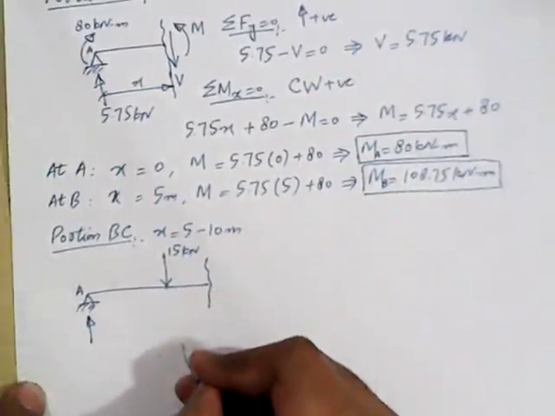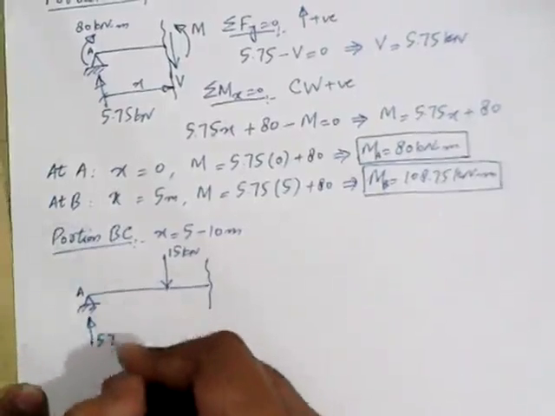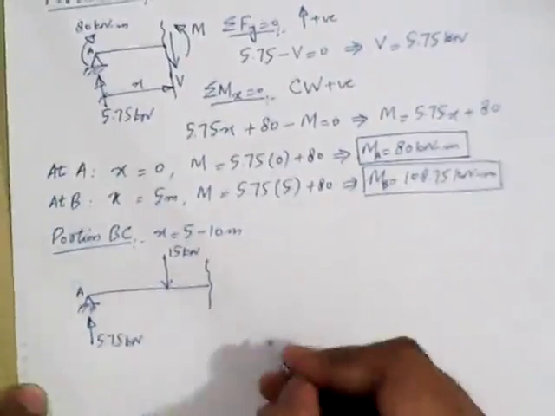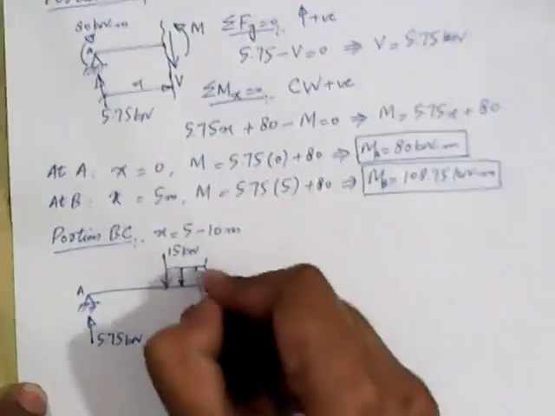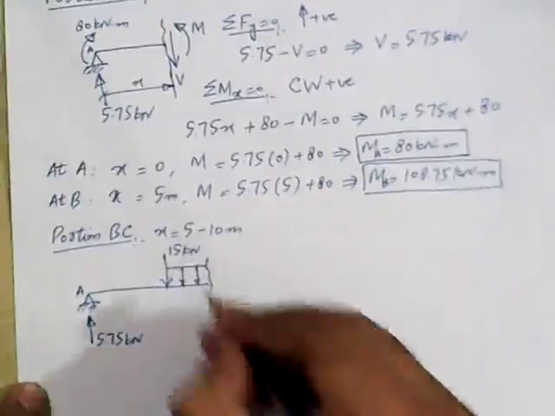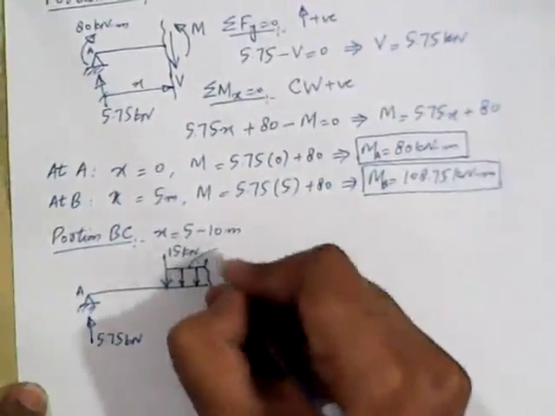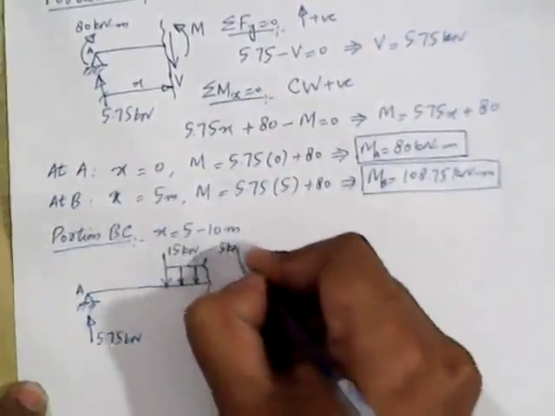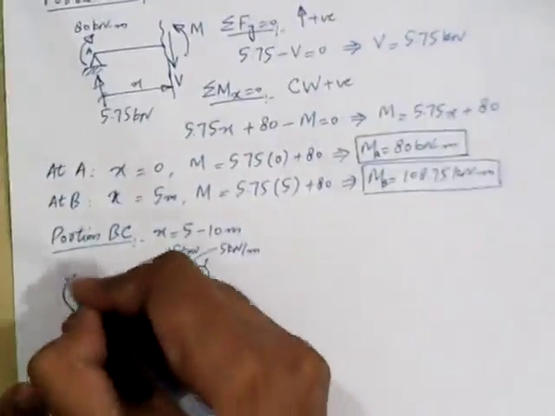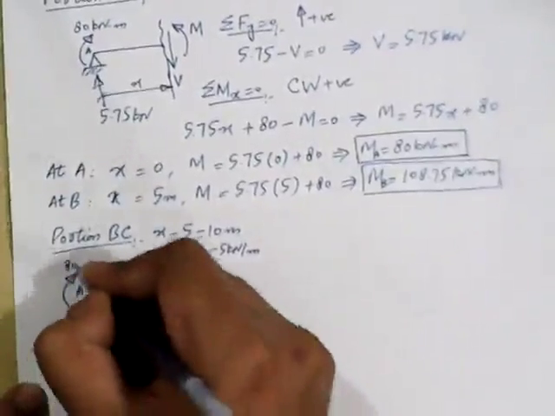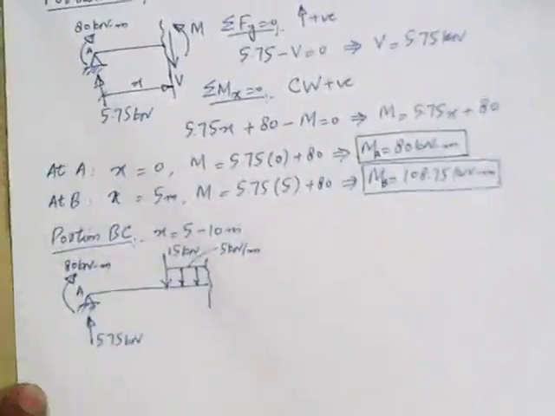How much is that? It is 5.75 kilonewton, and we have part of the UDL present here. How much is the intensity of the UDL? This is 5 kilonewton per meter, and we have a point moment here, which is 80 kilonewton meter.